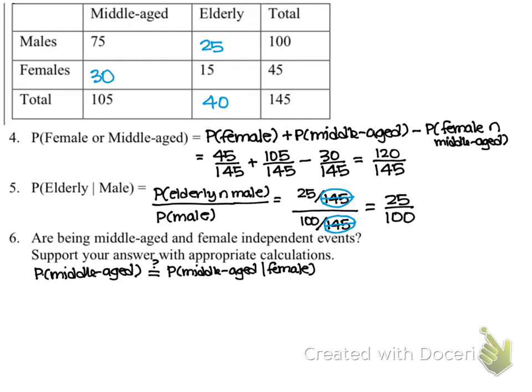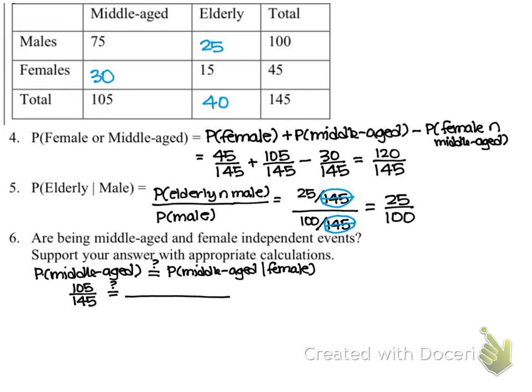Probability of middle-aged. Well, we have a total of 105 middle-aged out of 145. So this is 105 out of 145. Conditional probability. Remember, we are going to break this up into a subgroup.